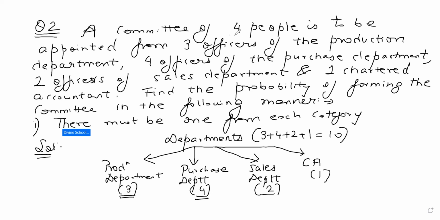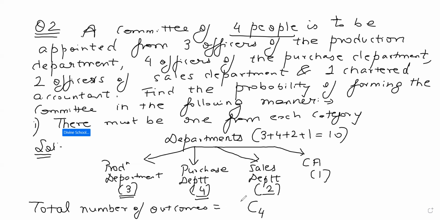I need to select 4 people. In how many ways can I select 4 people from 10 people? Remember combinations. Total number of outcomes is I have to select 4 people from 10 people. So 10C4 denotes my total number of outcomes.